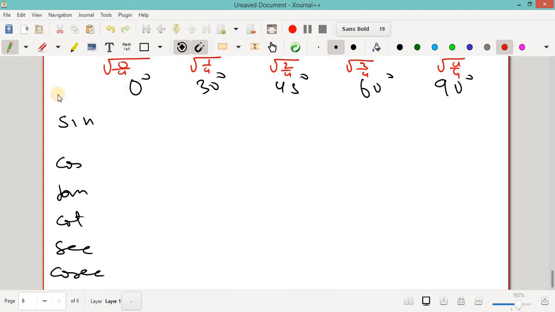Now remember one thing about 0 by 4. If anytime you find any value like 0 by any number, for example 0 by 10, it is always 0. If the numerator is 0 and the denominator is any number, the outcome is always 0. So root of 0 by 4, what will the answer be? It will be 0 only. Next, it is root of 1 by 4.